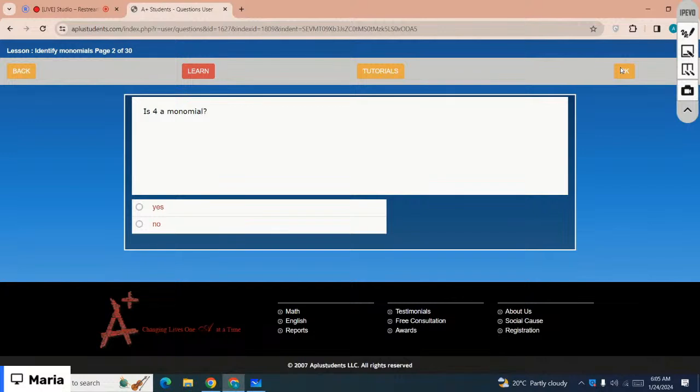Okay, is 4 a monomial, which is the correct option? The correct option is yes. Sorry, it is a monomial, just a number, it is a monomial.